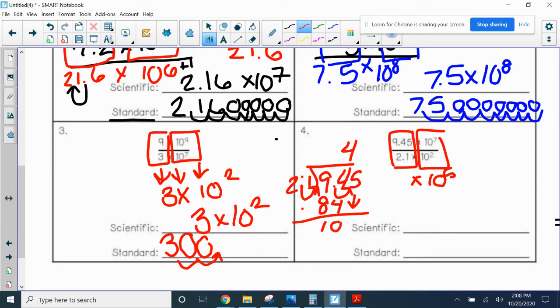Bring down that 5. 2 goes into 105 5 times, which is 105. We moved our decimal. I should have brought it up when I moved it. So we're left with 4.5 times 10 to the 5th. Did you get that? If you didn't get that, do you know what you did wrong?